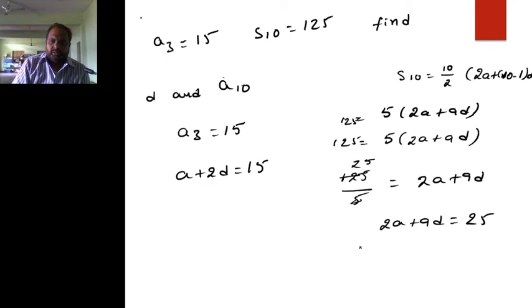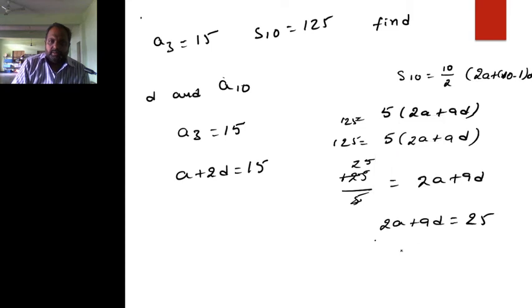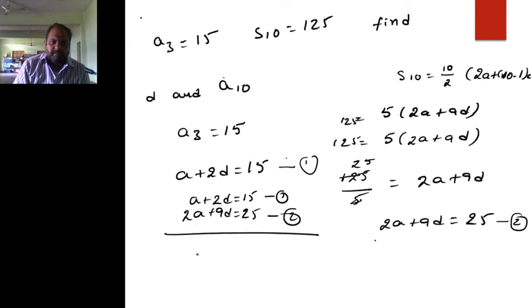We can write it so that this one is equation 1 and this one is equation 2. A plus 2D is equal to 15, and 2A plus 9D is equal to 25. Solving 1 and 2, we should equate any one term, A or D or the constant term.